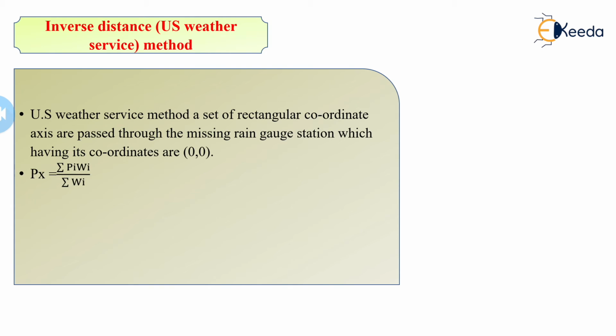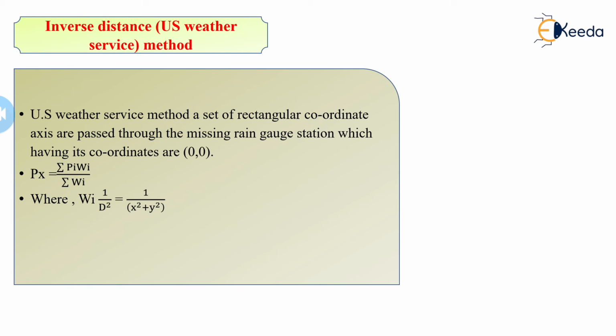So how will we find this out? The coordinates x comma y of each existing station surrounding the missing station are found, and the weightage of each existing station is represented by the inverse of the square of its distance from the missing station. Here you can see Wi, the weightage of each existing station.